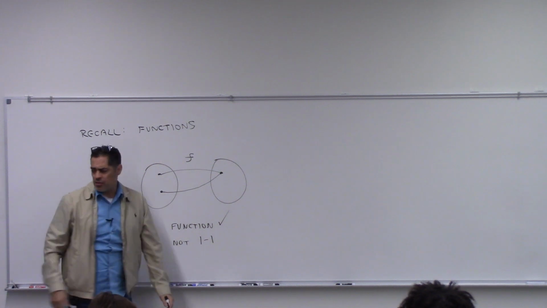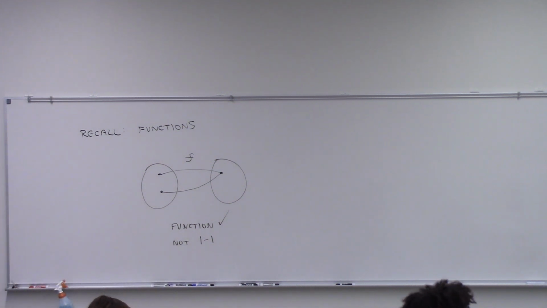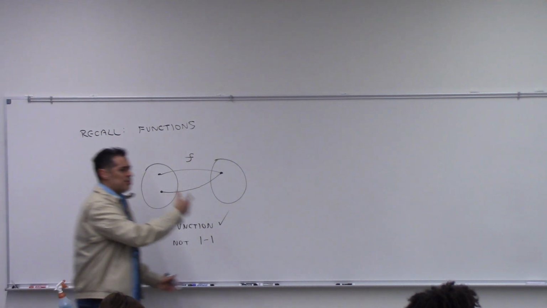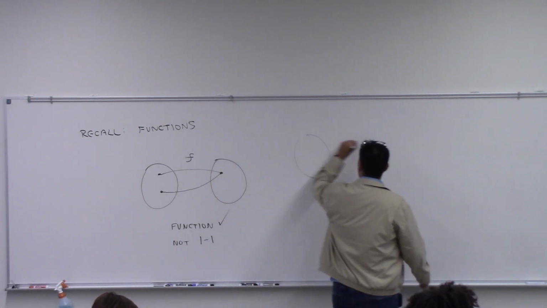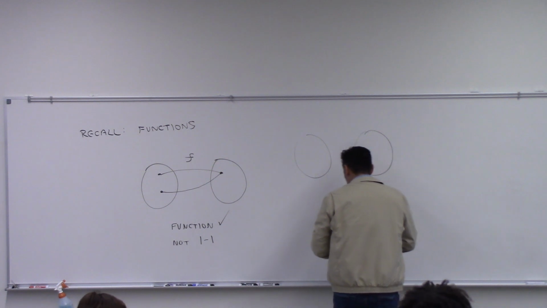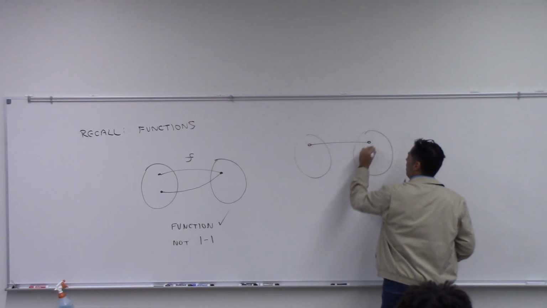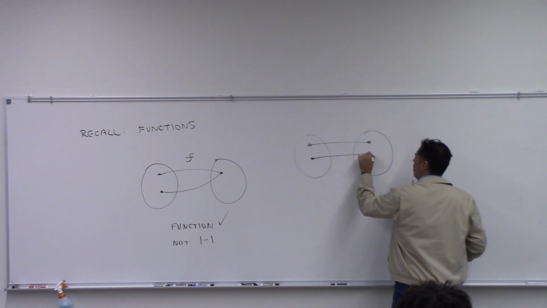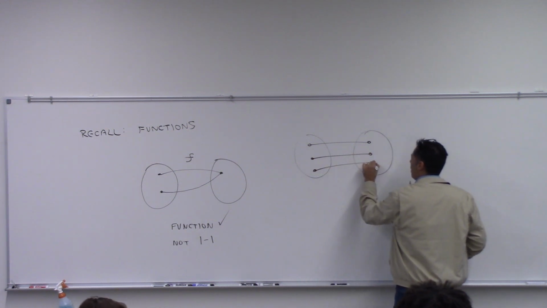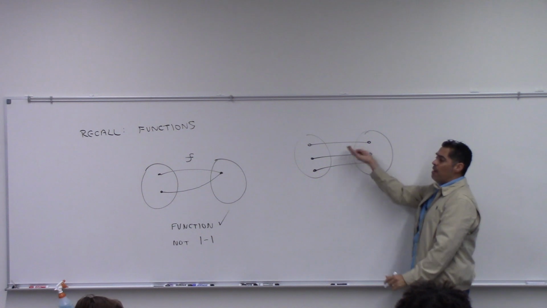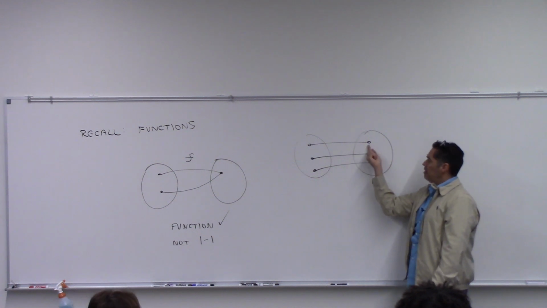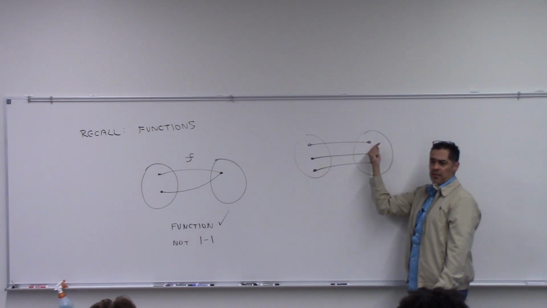So there's 3 pictures on the screen, 3 different examples. I'm going to just jot those down over here so we can see them. The first example they have there is you have an input, goes to exactly one place. Input goes exactly to one place. Input goes exactly to one place. And each of these come from one place. This has only one value associated to it.